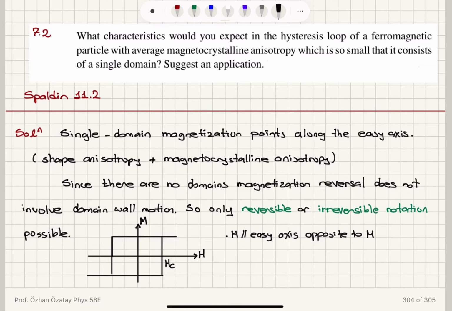This will lead to switching at the coercive field, which is equal to the anisotropy field, 2K, anisotropy constant, divided by the saturation magnetization Ms, that is uniaxial anisotropy case.